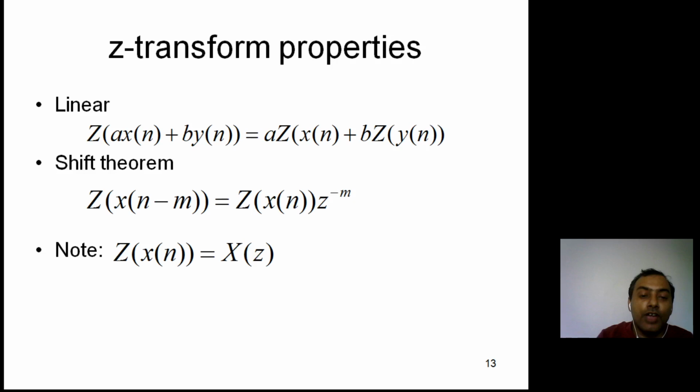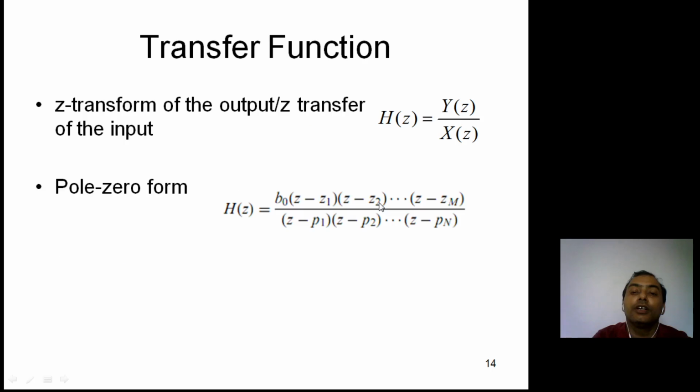Now pole-zero forms. What are poles and zeros? The terms in the numerator give the zeros, and the terms in the denominator give the poles.